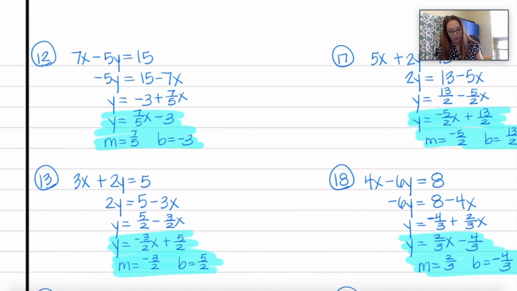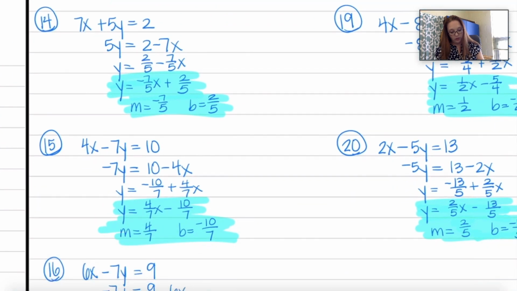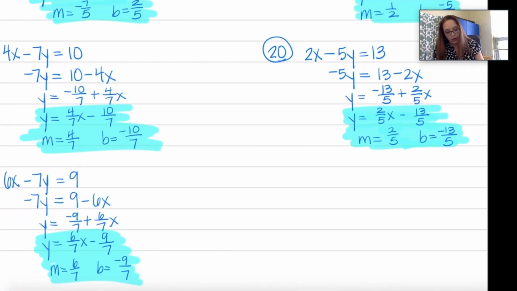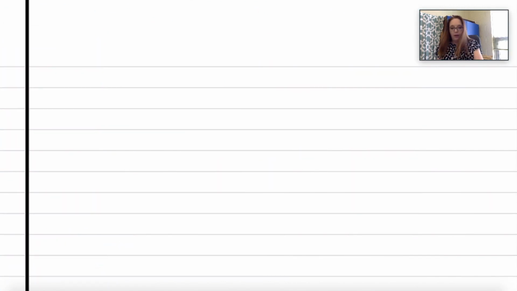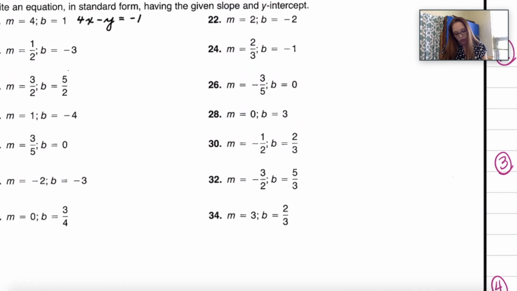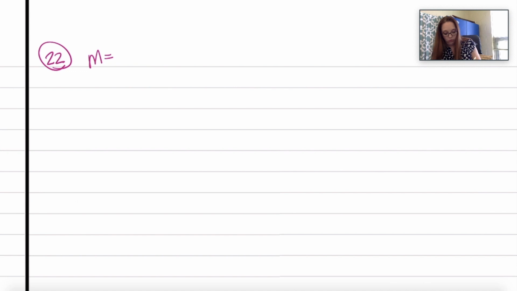So I'm going to go to my page. Let me do a new page. Okay, so number 22, and I forgot what it said my slope was, so let me go back real quick. 22, the slope is 2, y-intercept is -2.